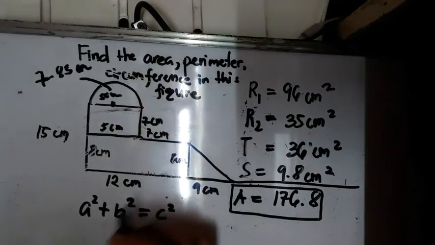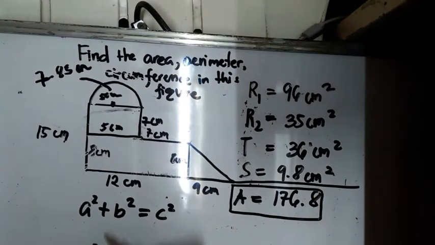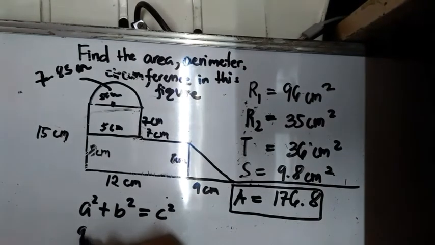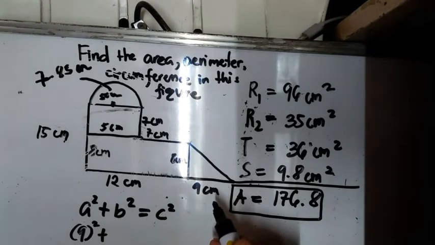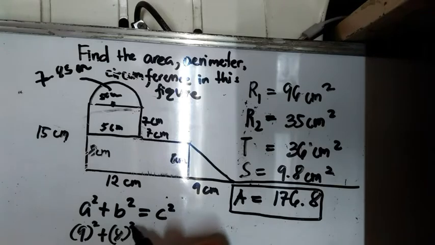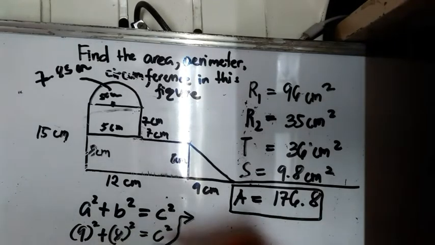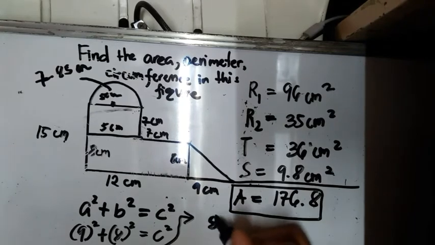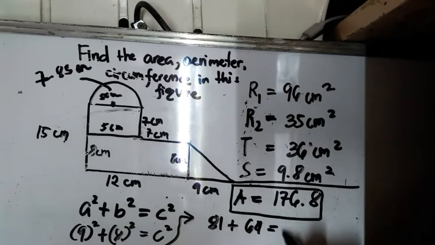Since our base is 9, so 9 squared plus our height is 8 squared equals c squared here. So 9 times 9 is 81 plus 64.